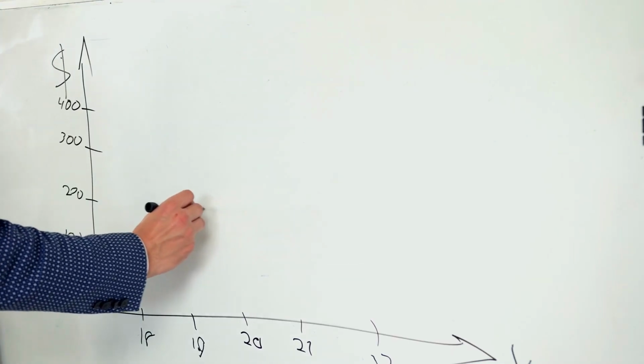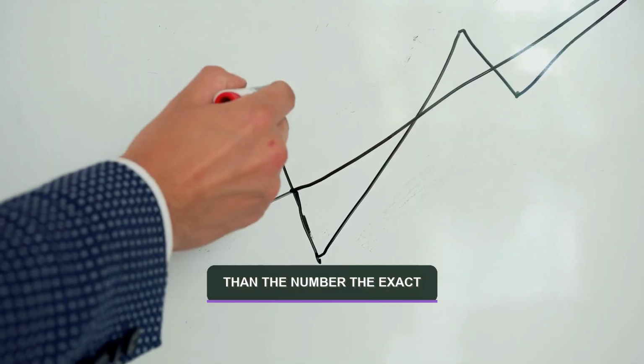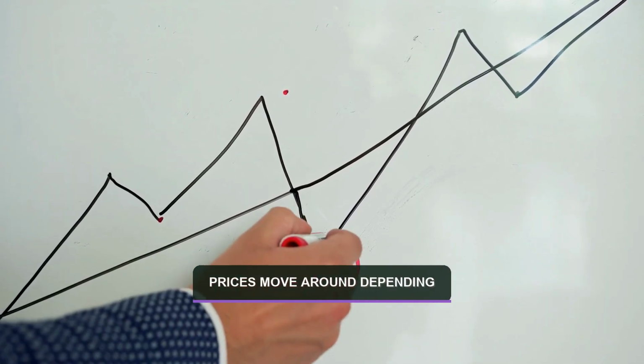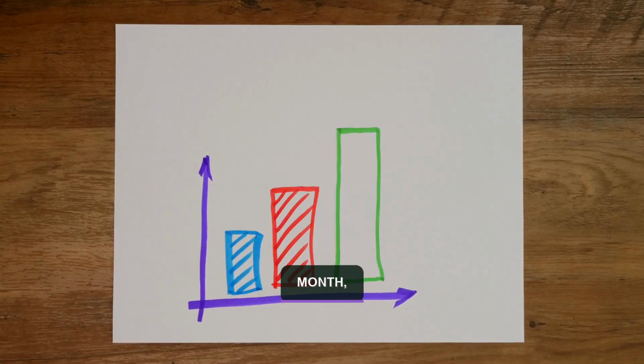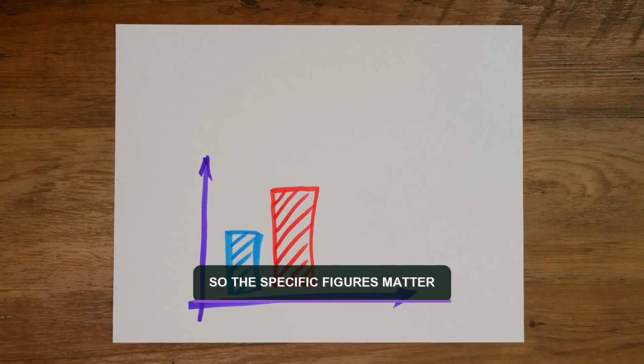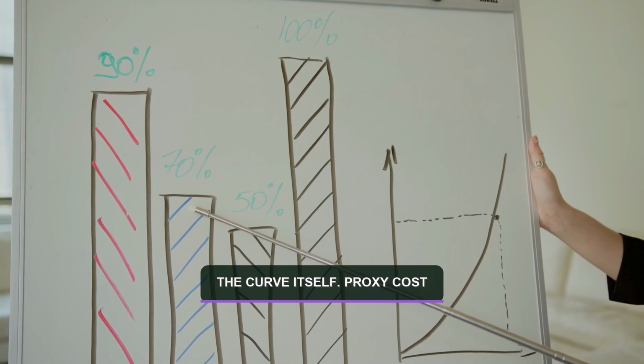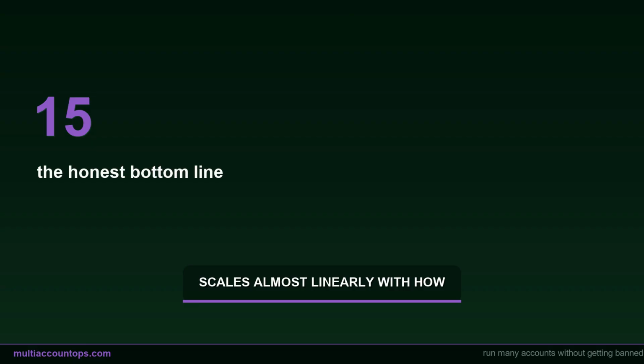Why the curve matters more than the number. The exact prices move around depending on the provider and the month. So the specific figures matter less than the shape of the curve itself. Proxy cost scales almost linearly with how many ports you add. Browser cost scales gently with how many profiles you run on top of the software.